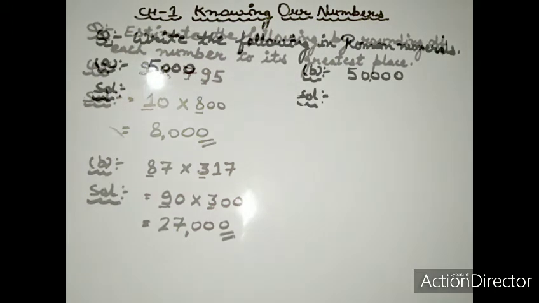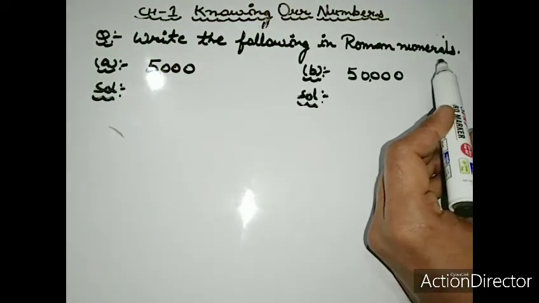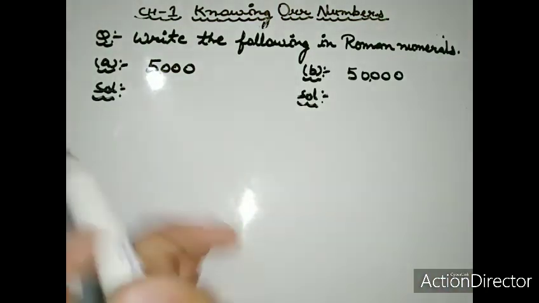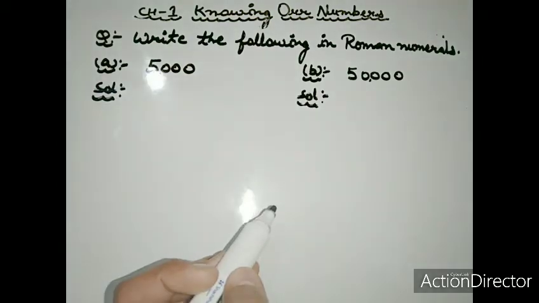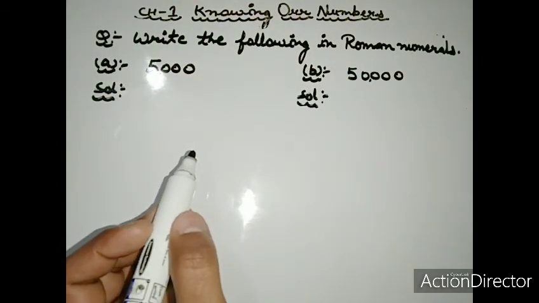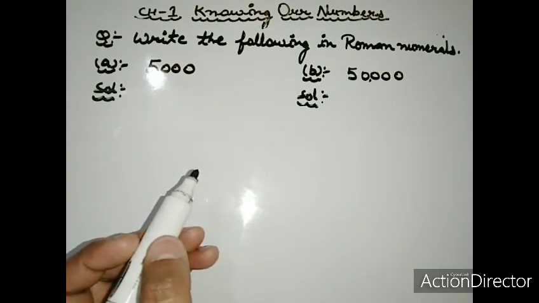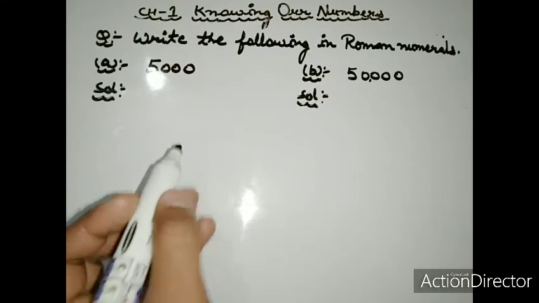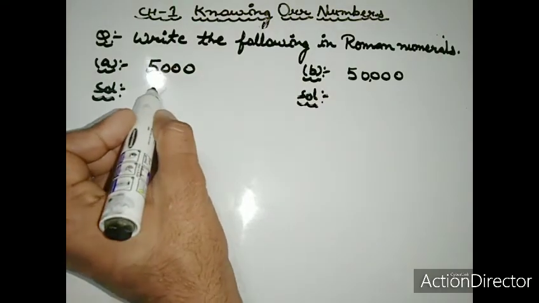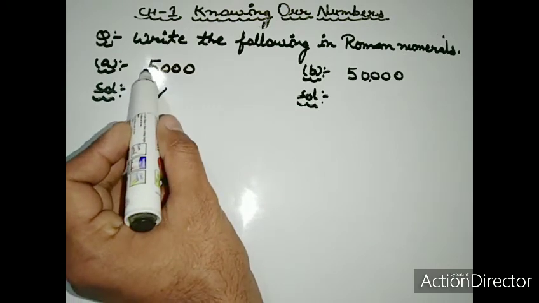Now the next question, write the following in Roman numerals. So here we write 5000 in Roman numerals. You all know that if a bar is placed over a numeral, it is multiplied by 1000. So here first we write 5. Here we use the symbol V to represent 5.